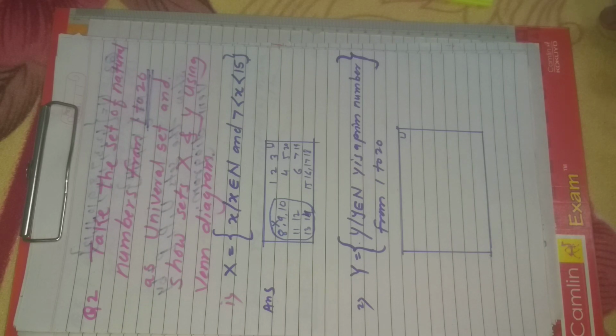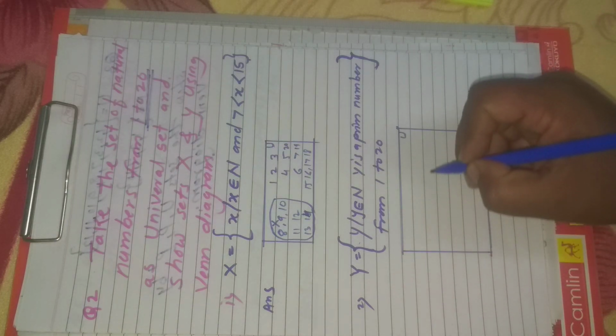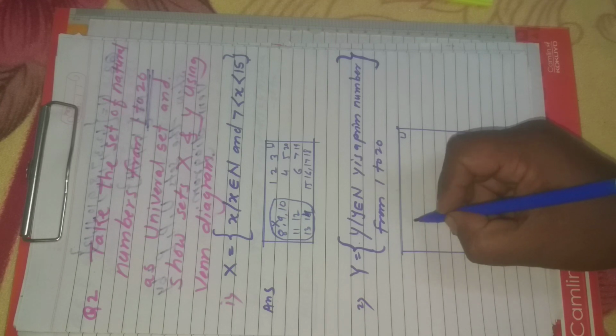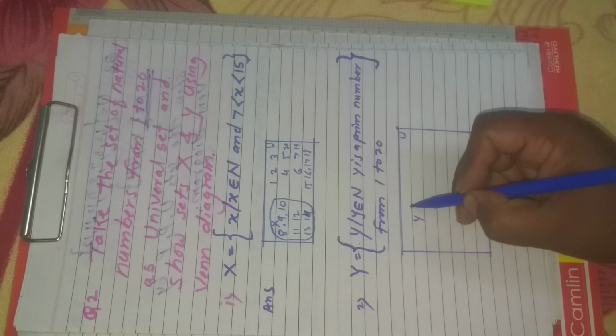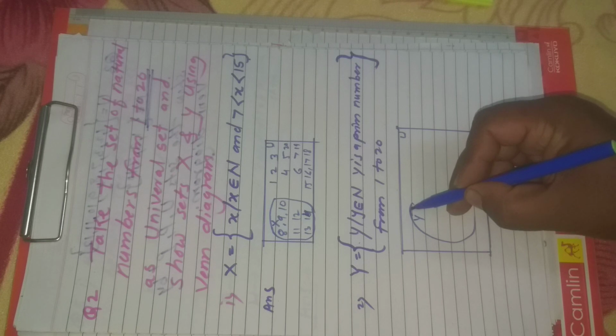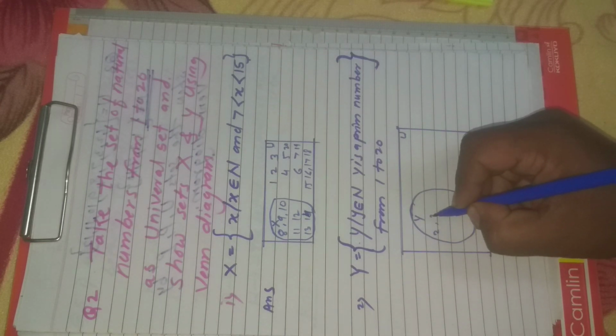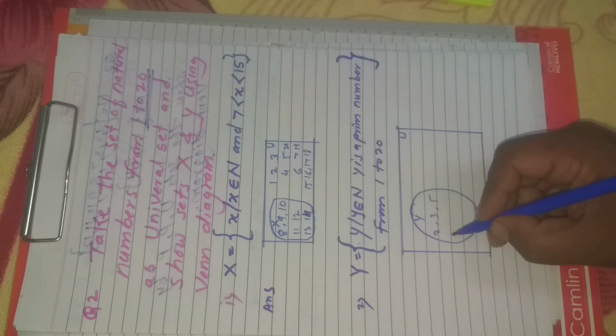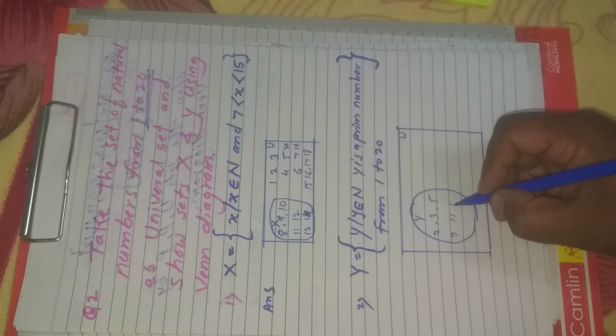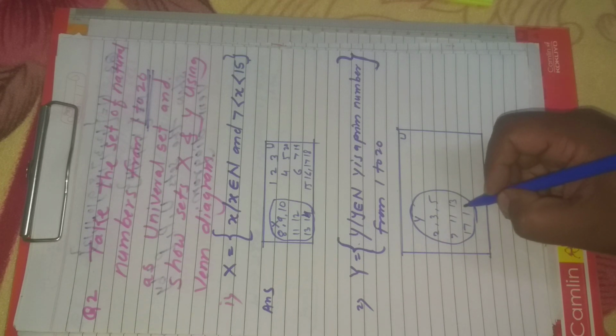Dear students, I have explained many times, prime numbers are those numbers which come only in their own tables, and can be divided only by itself and one. So among 1 to 20, the prime numbers we write in set Y: 2, 3, 5, 7, 11, 13, 17 and 19.